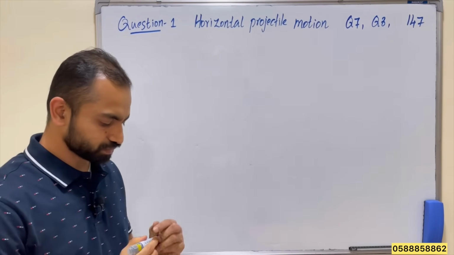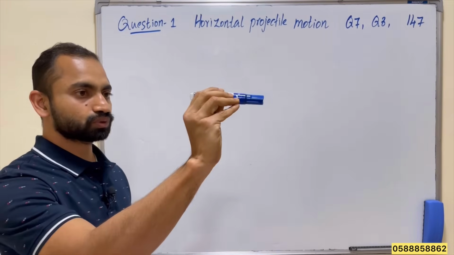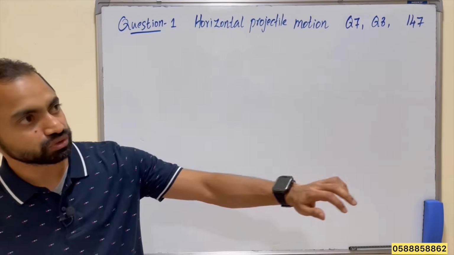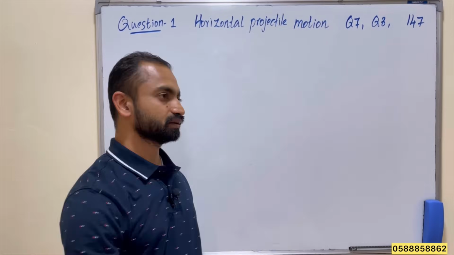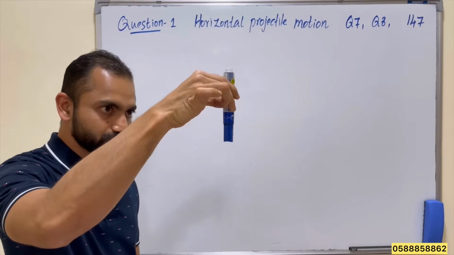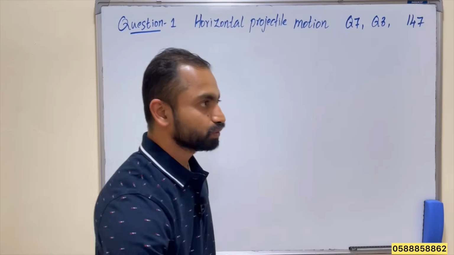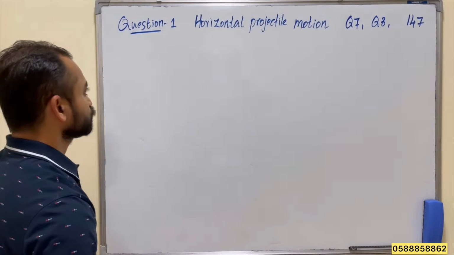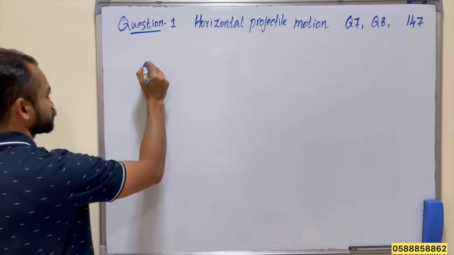It is simple, like you are throwing an object in the horizontal direction. You are not throwing at an angle. You are not dropping vertically downwards. You are throwing an object in the horizontal direction. So what is horizontal projectile motion?